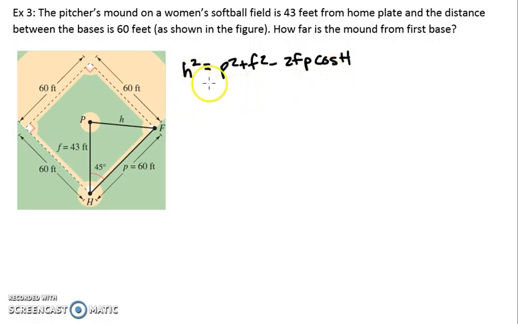So, plugging everything that we know in, we're going to get that H squared is approximately 1800.3, which makes H, the distance between the pitcher's mound and first base, approximately 42.43 feet.